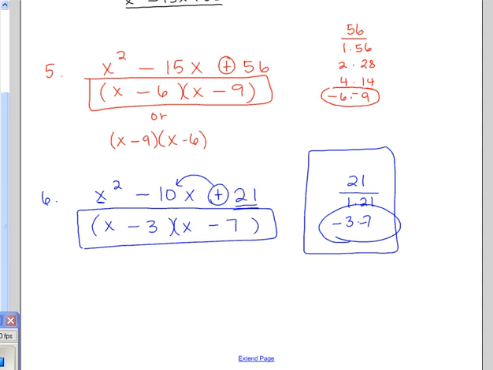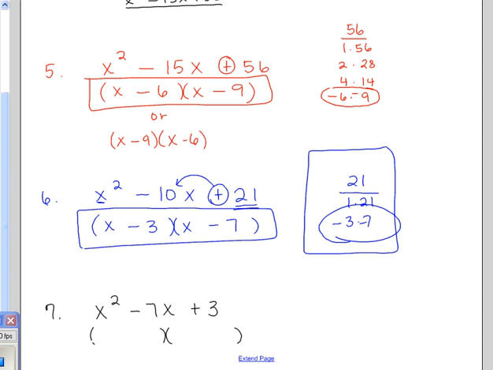Okay, if you have a problem where you can't find a number that works, let's look at that. If I have something like x squared minus 7x plus 3, there's not a common factor, and so I wouldn't have to pull out a GCF.